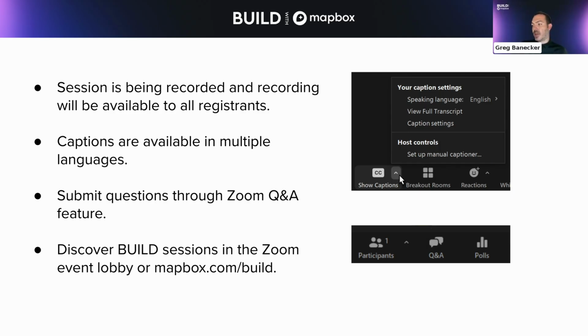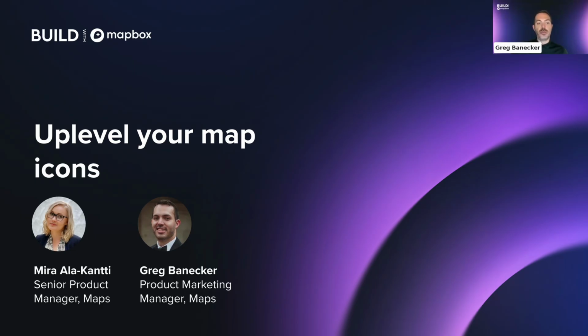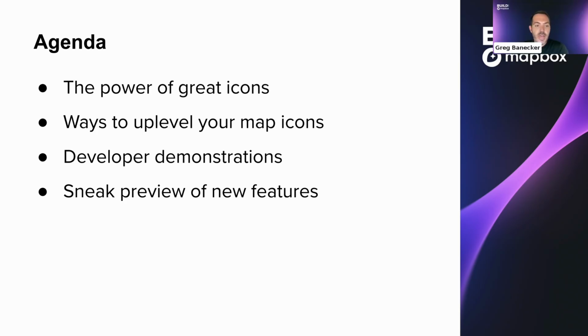And with that, I am going to move us into the content of our session, up-leveling your map icons. In this session, we want to show you some ways that you can extend the design and usability of the Mapbox base map POIs and your custom POI data to drive a better user experience and even positively impact business KPIs.